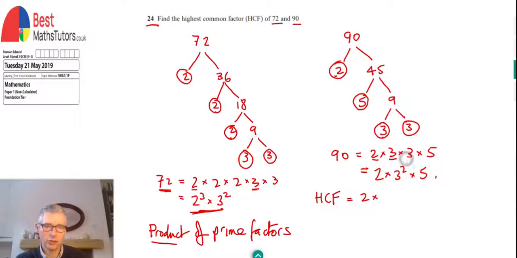And we've actually got another pair of 3s as well. So we're looking for things that are in both. And that will actually give me my highest common factor. So if I work that out, I've got 2 times 3 is 6, times 3 again is 18. And that's my highest common factor.